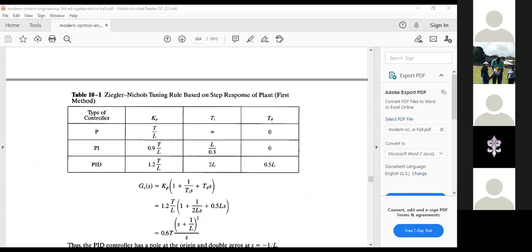We're going to bring up our first order response and then we'll work our way through it.